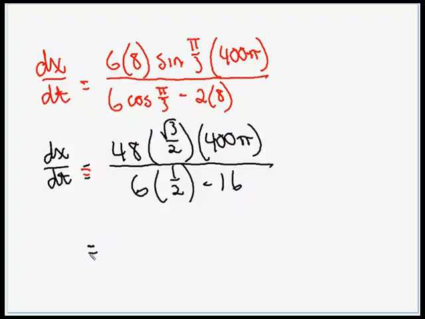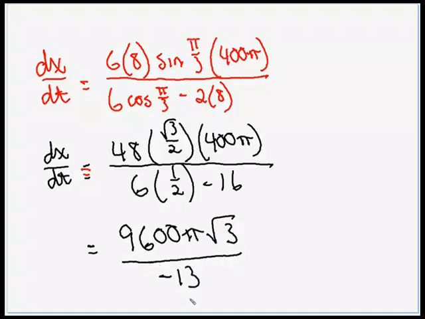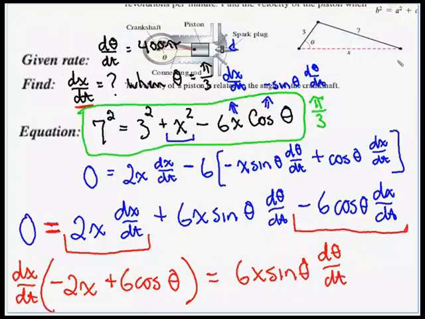And if we clean that all up, it's going to look like this: 9,600 pi times the square root of 3 all over negative 13, which is approximately negative 4,018 inches per minute.